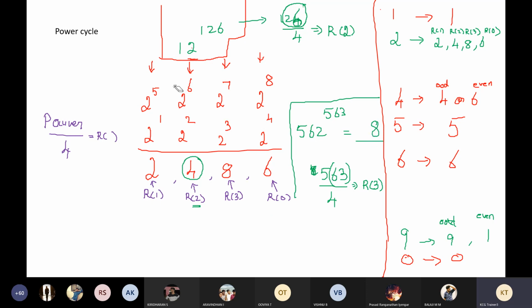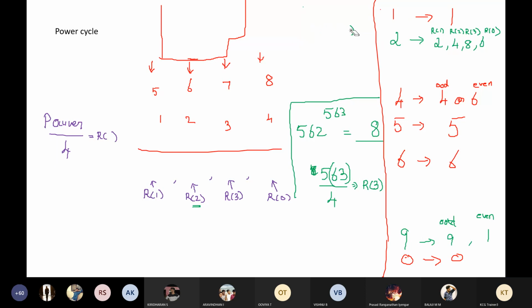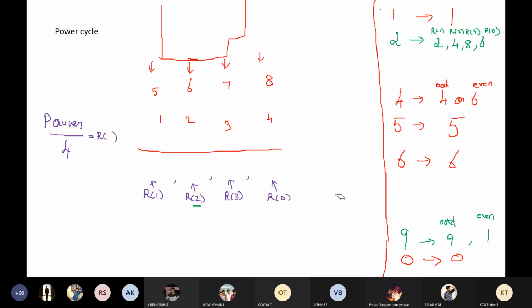Excellent. Similarly, can you tell me what the cycle is for 3? Check the powers of 3 and tell me which numbers keep repeating. 3 power 1 is 3.